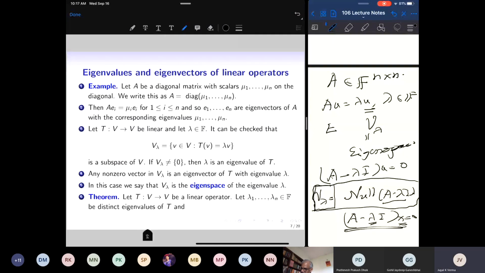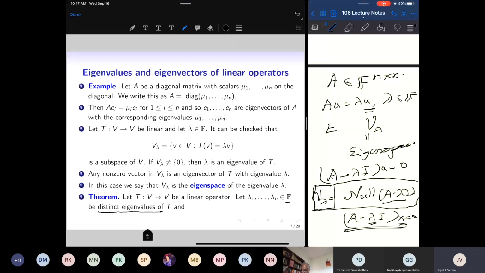So suppose lambda 1 to lambda n are scalars, and suppose they are distinct eigenvalues. So I go to the characteristic polynomial, find the roots, and check whether they are in the field of scalars. Suppose lambda 1, lambda 2, up to lambda n are distinct roots of the characteristic polynomial and they are in the field of scalars.